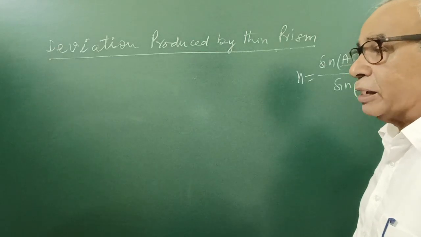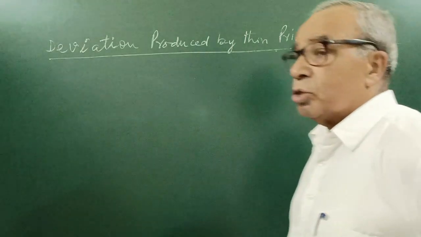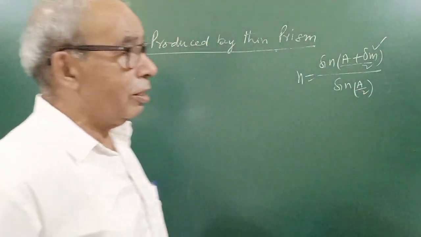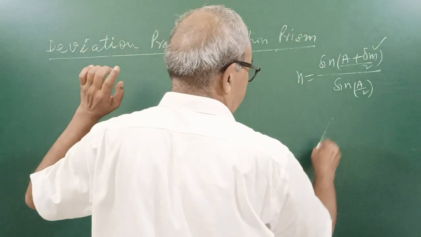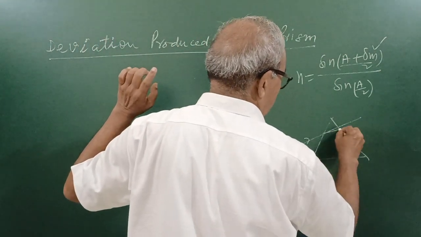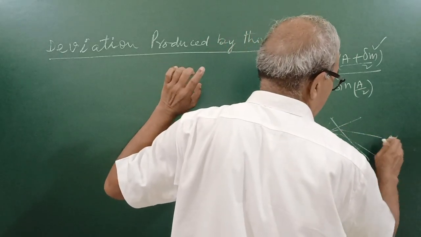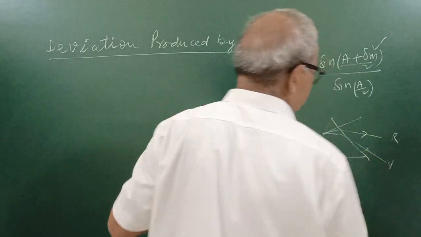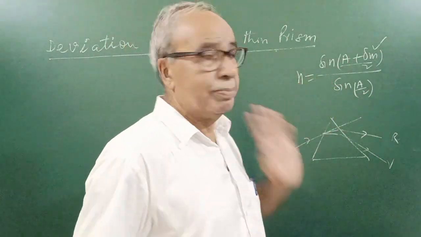Violet color has the maximum value of refractive index n, red has the least. So in the diagram which I drew first, violet color is most deviated. It was white light, red color like this, and violet this way. So the most deviated color has greater delta m for a given prism.